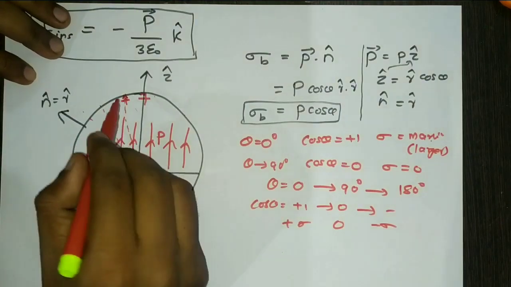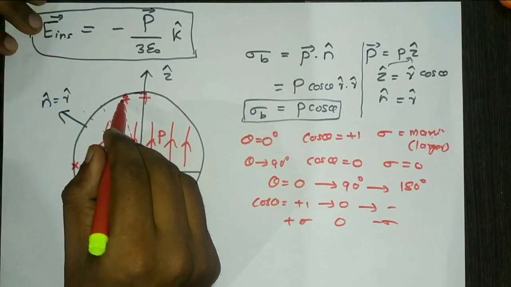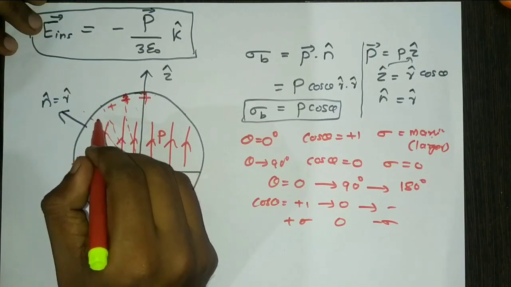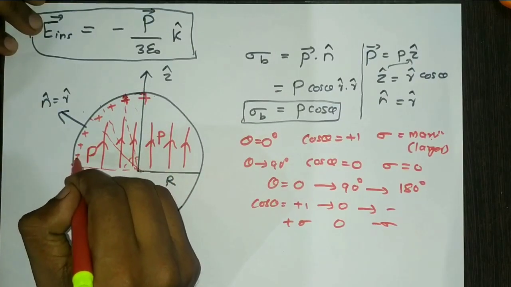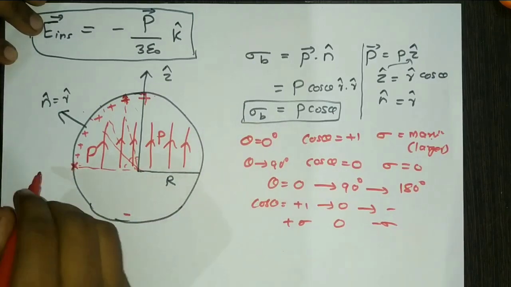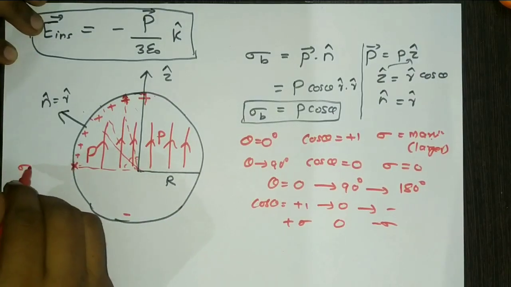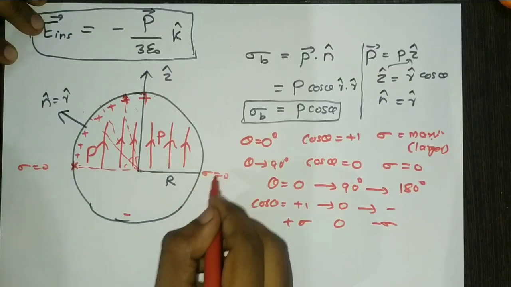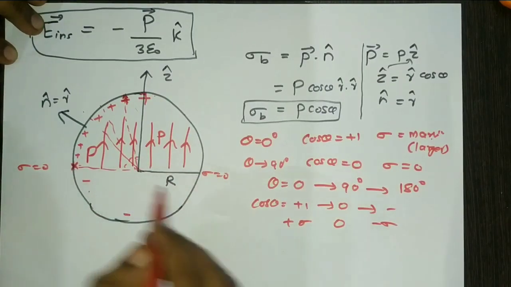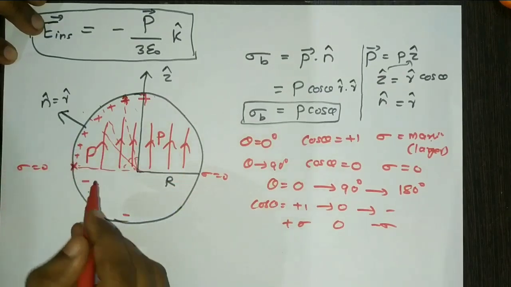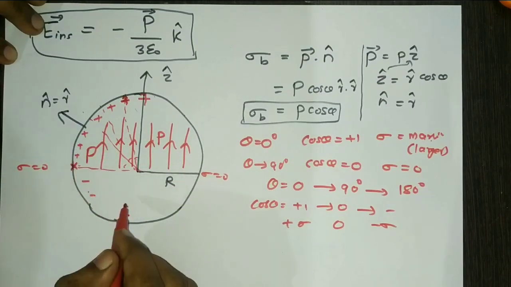The charge density will have a larger value at this point. It will be smaller, smaller, smaller, and it reaches 0 at the equator. Here sigma will be 0. Then after this, cos theta will be a negative value.